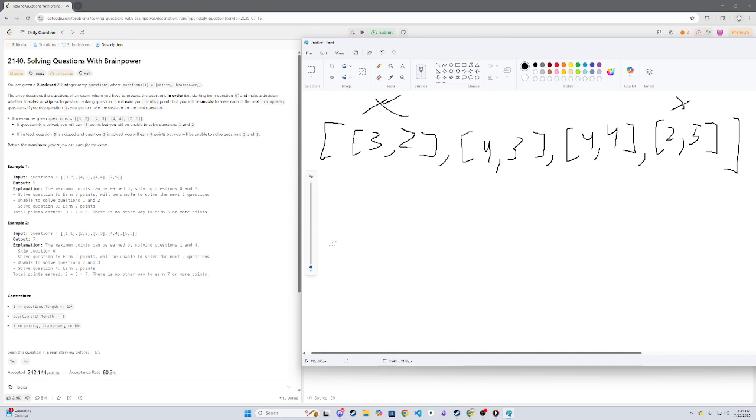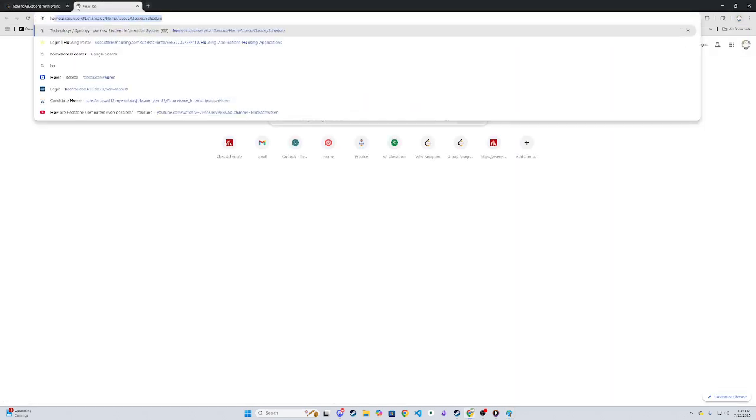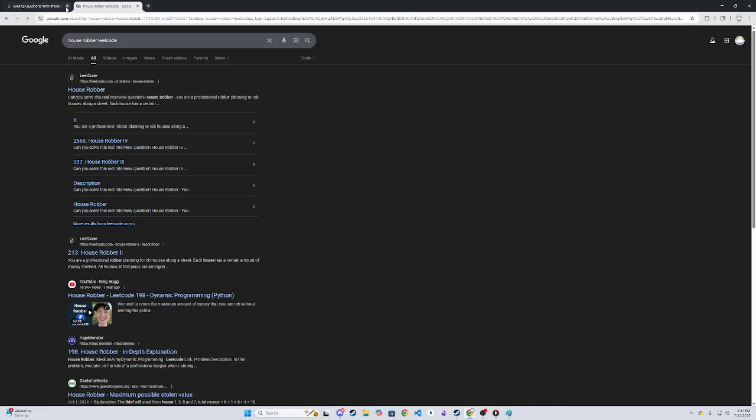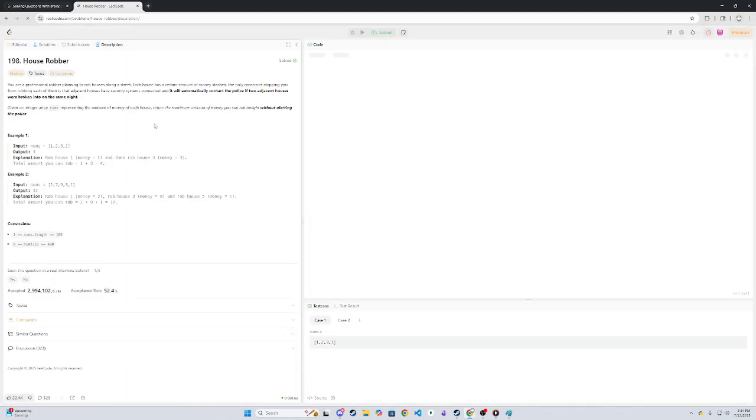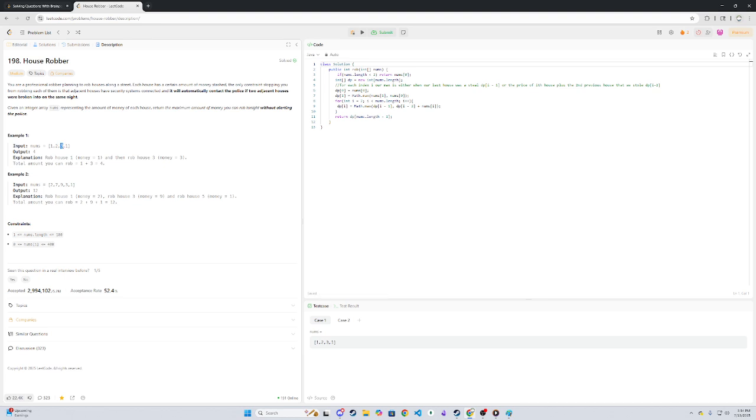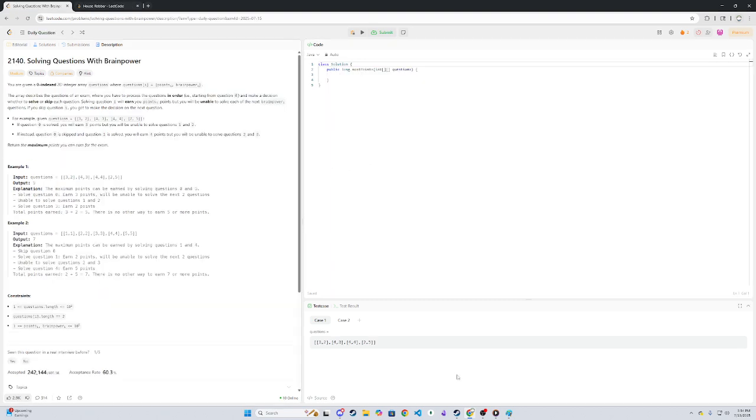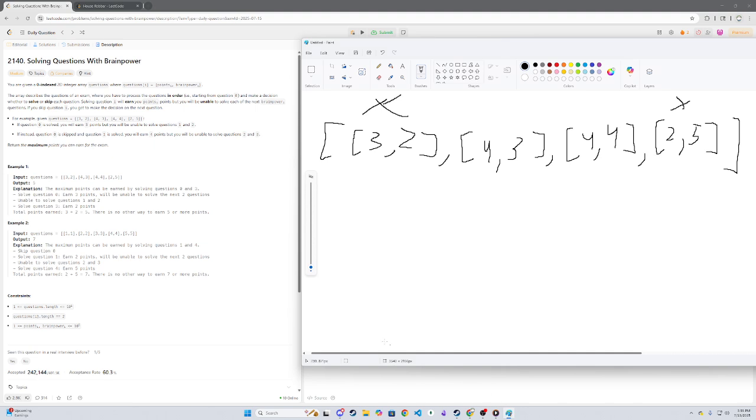So in House Robber, let me pull up House Robber actually. In House Robber, the max profit at any index i is equal to the max profit we got from either skipping the previous house or robbing this house, so dp of i minus 1, or dp of i minus 2 plus this house. But in this case, it wouldn't really make sense.